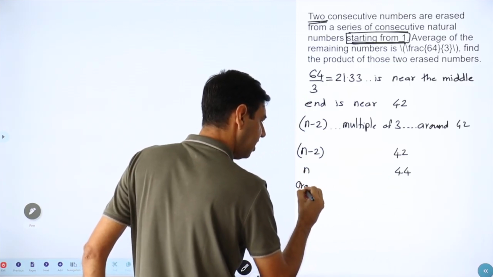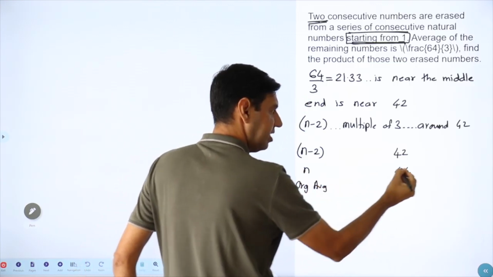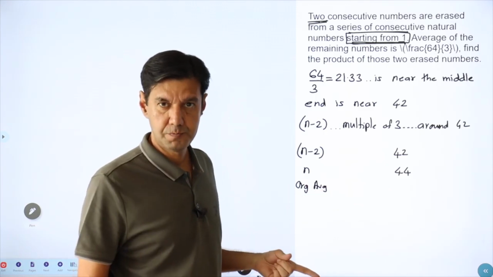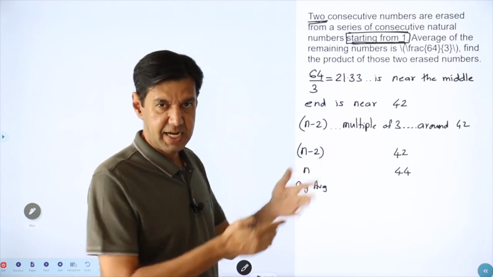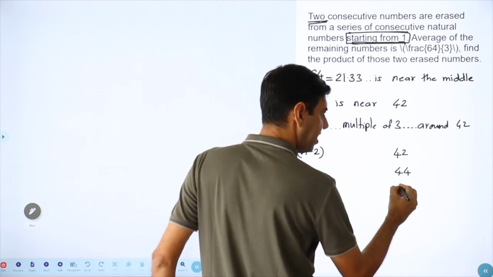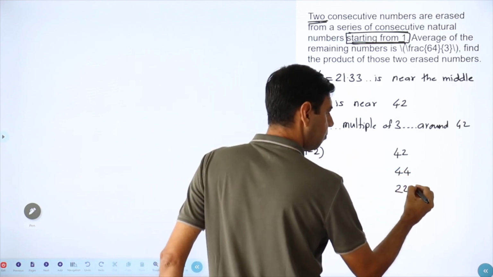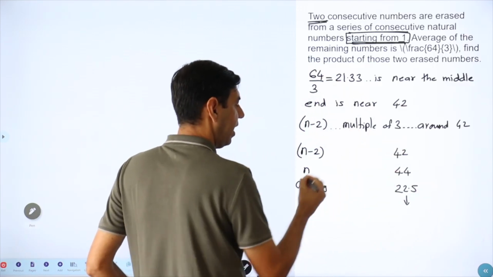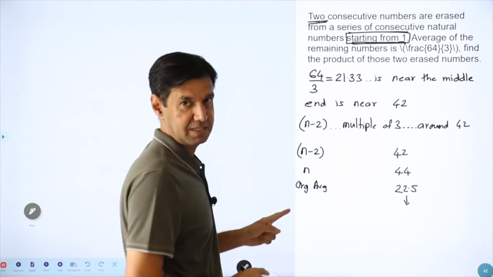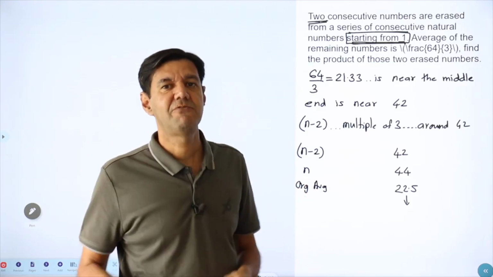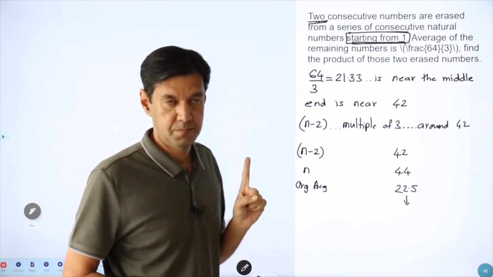So the original average is going to be 1 plus 44 by 2. Okay, it's an AP from 1 to 44. So first term plus last term by 2. 45 by 2 is 22.5. Now, when you erase two numbers, the maximum shift in average can only be 1.